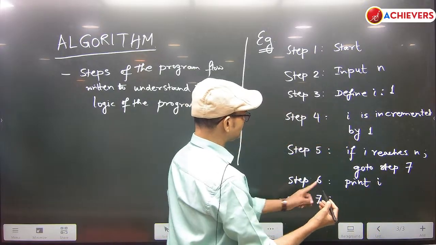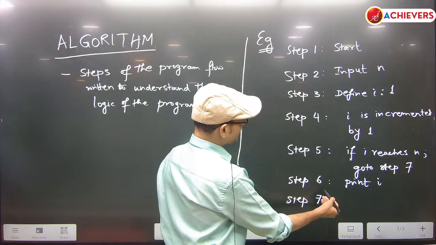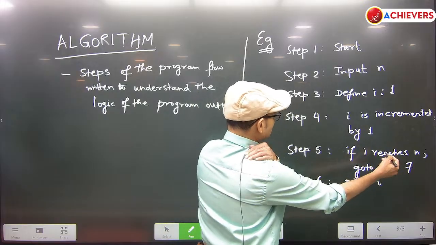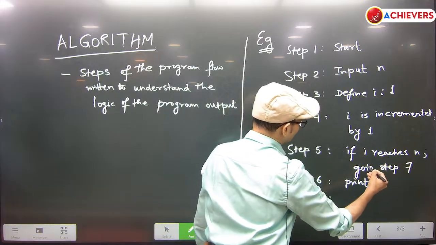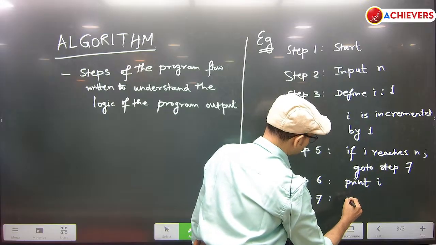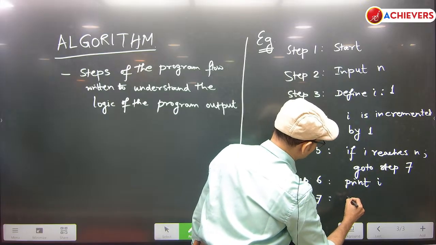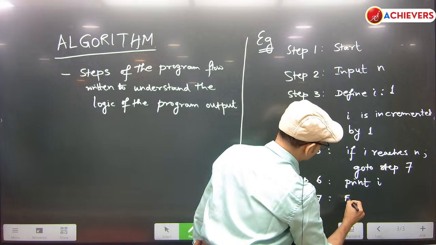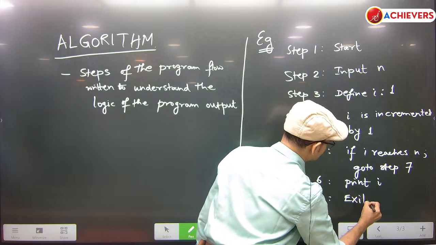All right, print I. So step 7, so if I reaches n, go to step 7. Over here we exit.